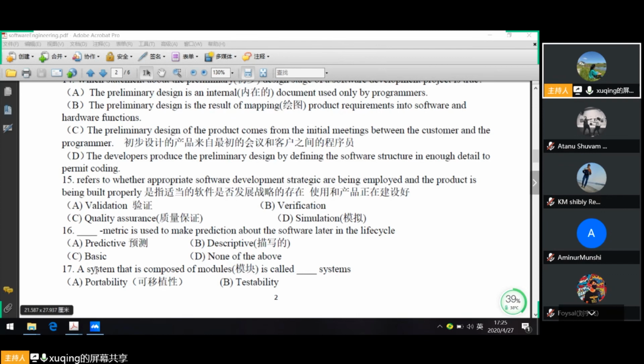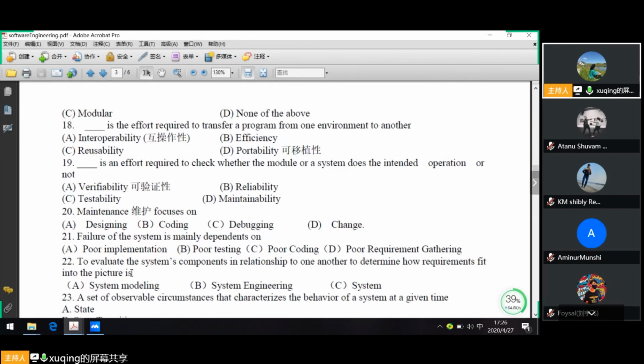A system that is composed of modules is called what kind of systems? Okay, thank you, Kaya. Any other propositions? Yeah, Kaya and Rana, you are right. It's modular systems. And for the 18th, what is the effort required to transfer a program from one environment to another?